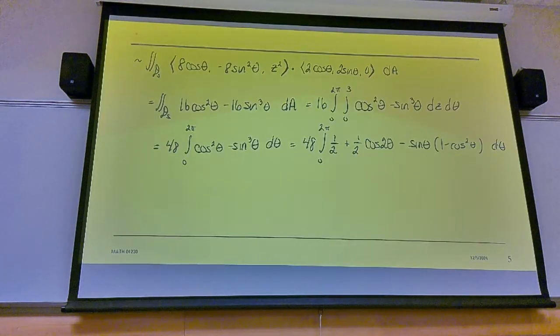Sine cubed is sine times sine squared. Sine squared is 1 minus cosine squared. That clearly integrates out to 0.